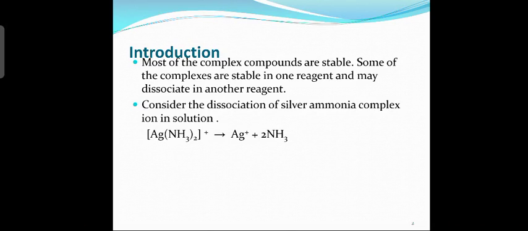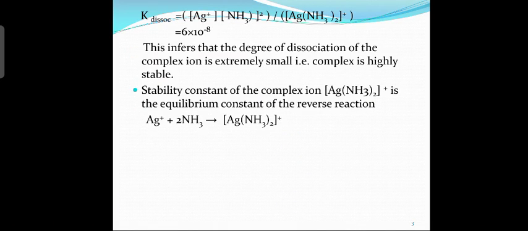Now, let us consider an example: dissociation of silver ammonia complex in solution. How does it undergo dissociation? The silver ammonia complex, with formula [Ag(NH3)2]+, gives Ag+, that means silver ion, and 2 ammonia molecules. Next slide.